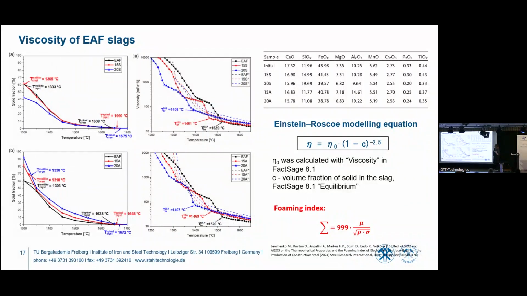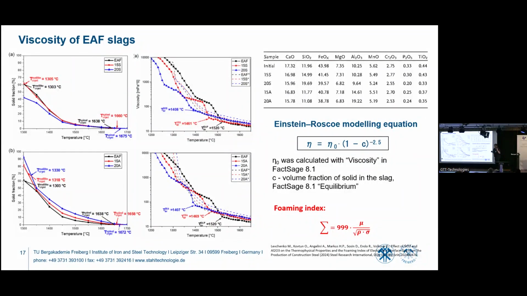Okay, so we have experience that after solidification, the model in FactSage does not work very well. So we measured viscosity and calculated with FactSage. After that, we calculated with FactSage the EAF slag in pure liquid state.